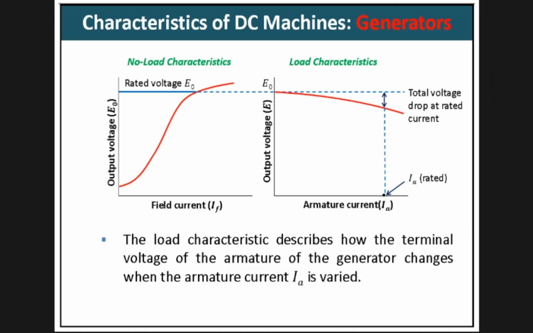So at rated current for a generator, there is a rated voltage and rated current. So when it is operated at the rated current, rated load, you see that the terminal voltage drops a little bit from the no load voltage.